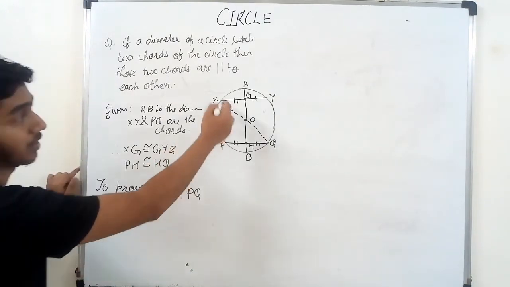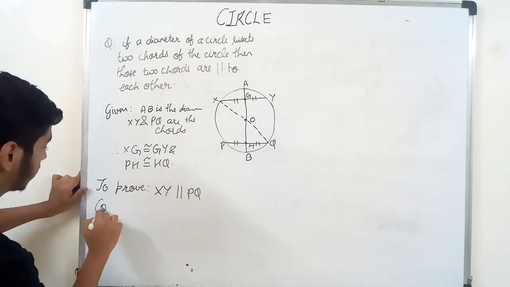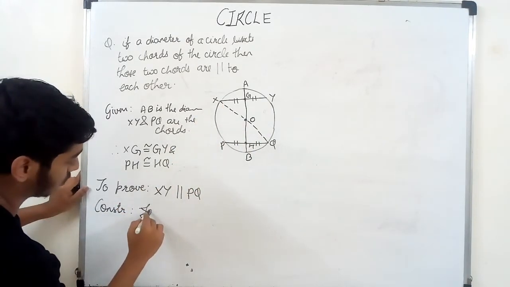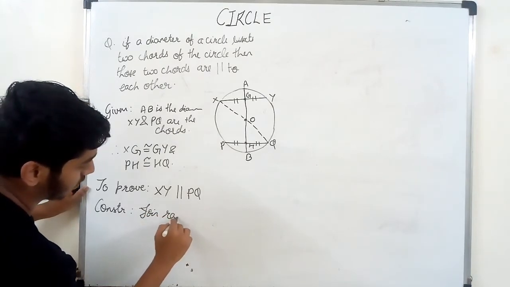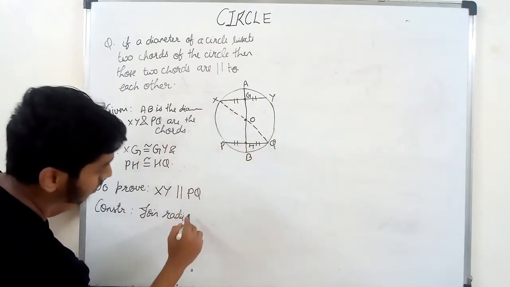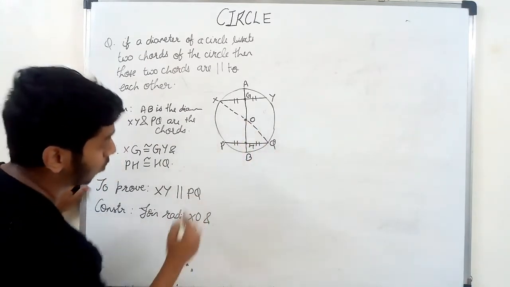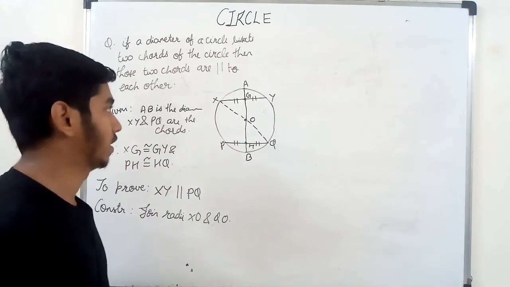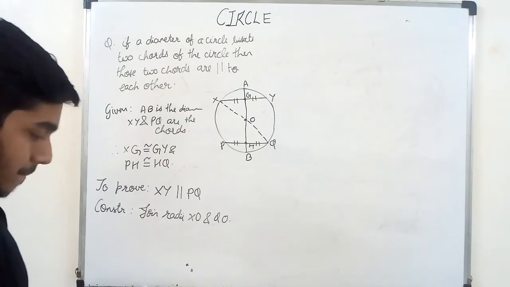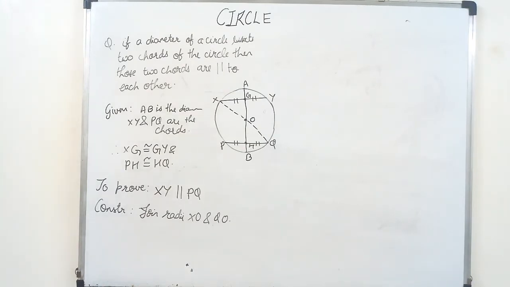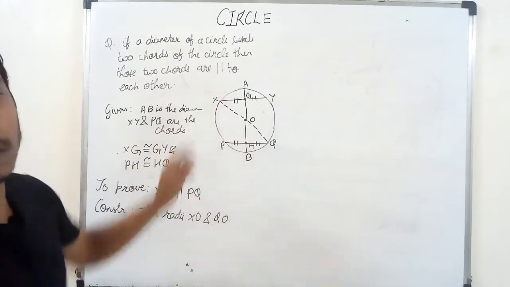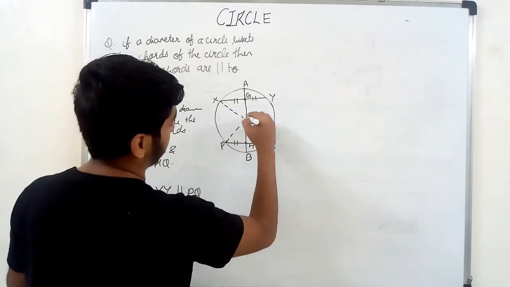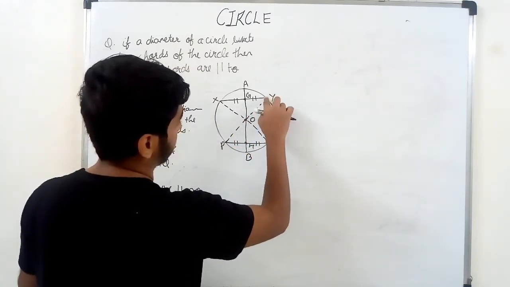Let's see the proof. The construction which we are doing, we need to write that also. So we have done the construction as join radii XO and QO. Okay, so this is the construction we have done. Let's add one more point in the construction, which says we are extending this also.